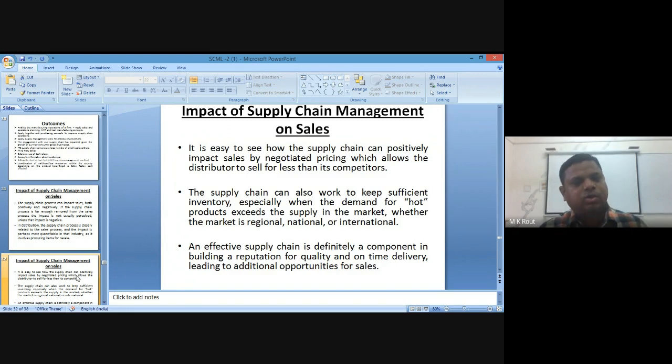That leads to an increase in the reputation of that company. They also increase the percentage of quality, and so they get additional opportunity in case of sales.